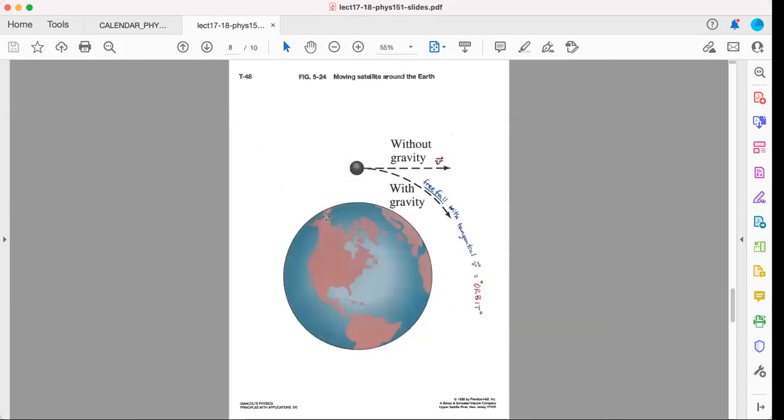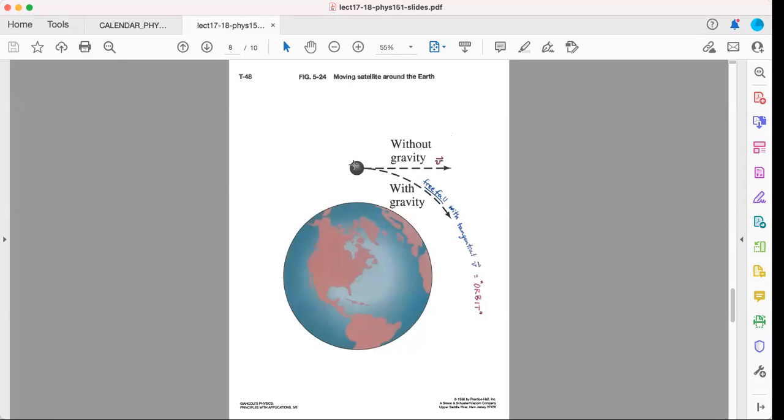Very good to point out. Another thing we saw from Newton's law is that if there is no acceleration, the object will keep moving in the same direction and with the same velocity, the inertial principle. So here, without the force of gravity, our object will keep moving with this velocity in this direction.